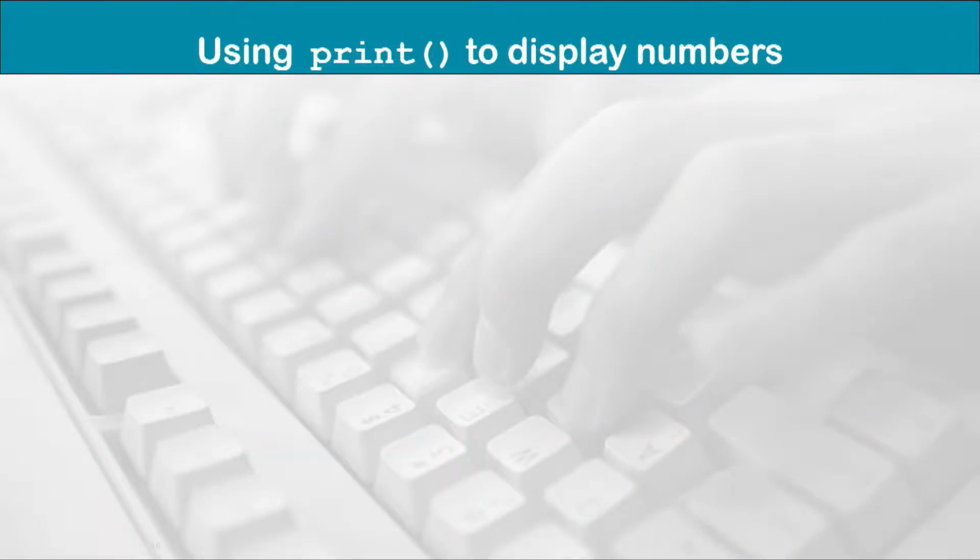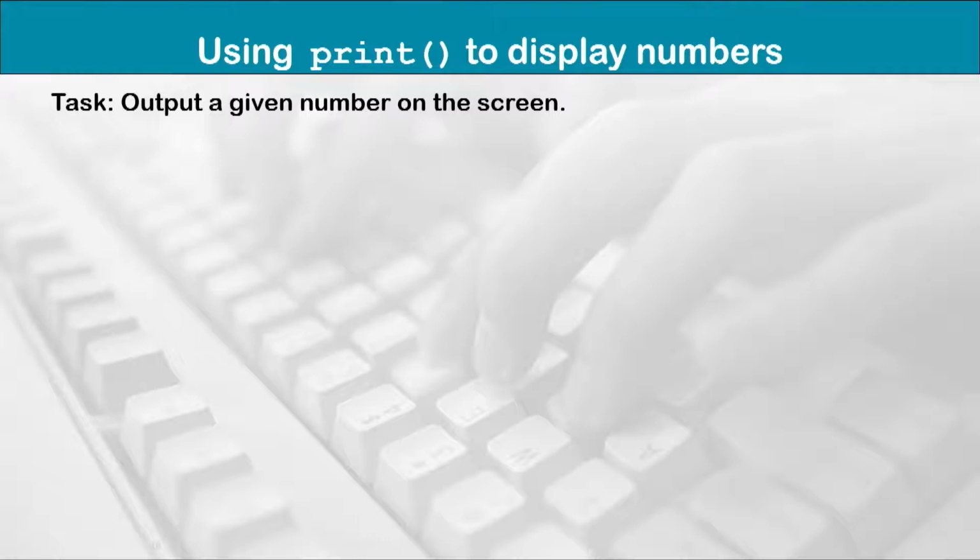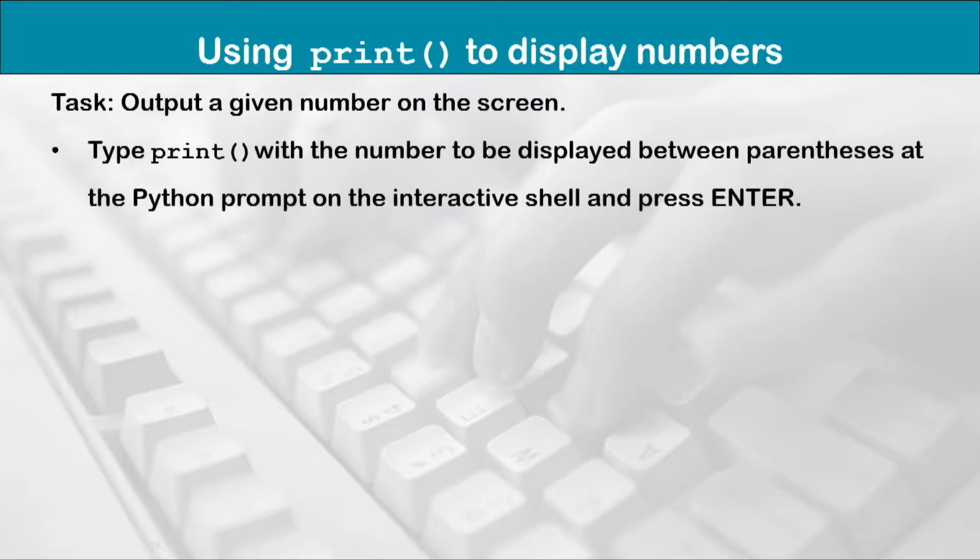Let us now see how to use the print command to display numbers. The task is to output a given number on the screen. Type print with the number to be displayed between parentheses at the Python prompt on the interactive shell and press enter.